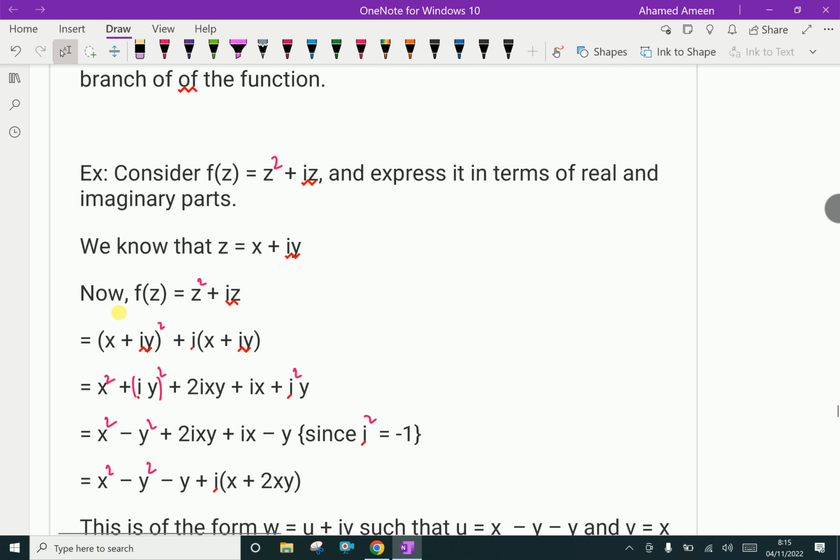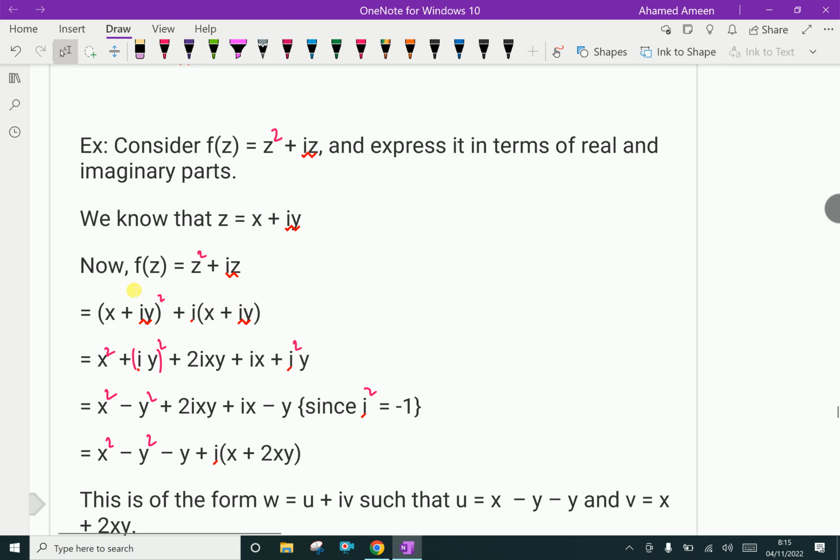Look here. Consider f of z equals z squared plus iz as a function of z, and express it in terms of real and imaginary parts. We know that z equals x plus iy is the general representation of a complex number in the xy plane.